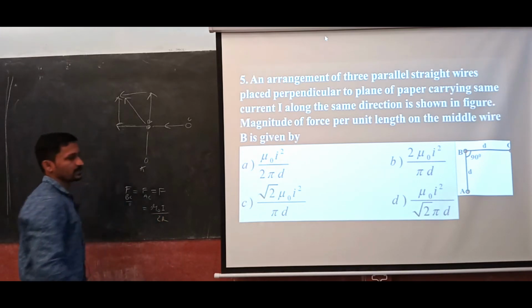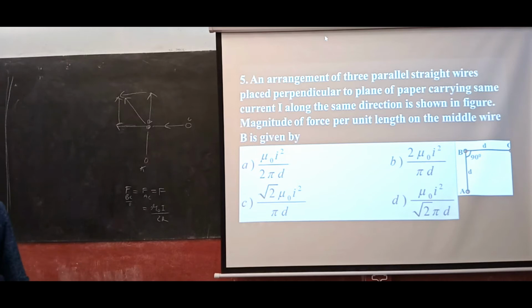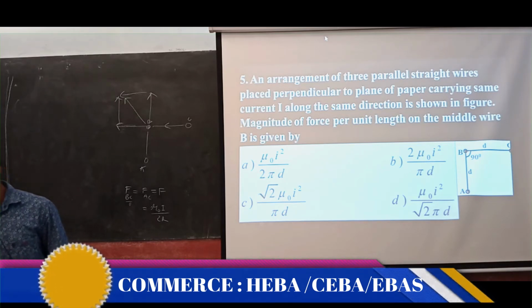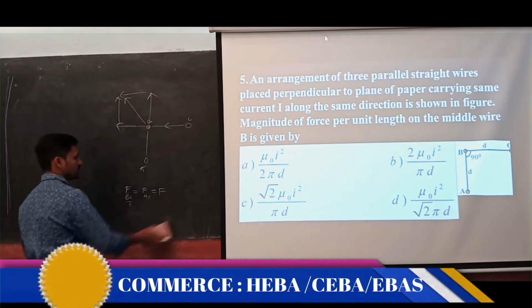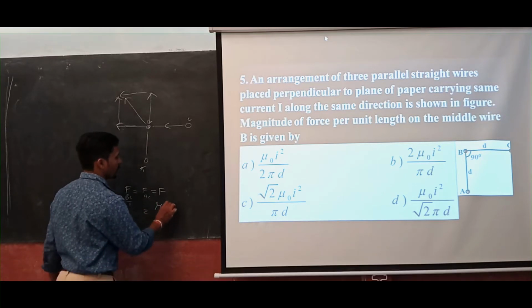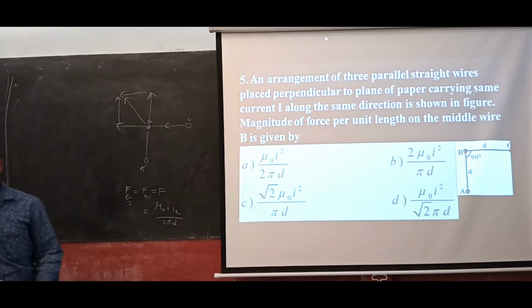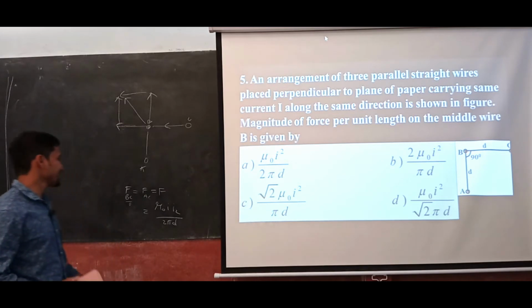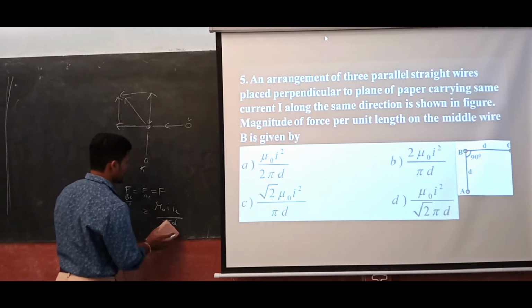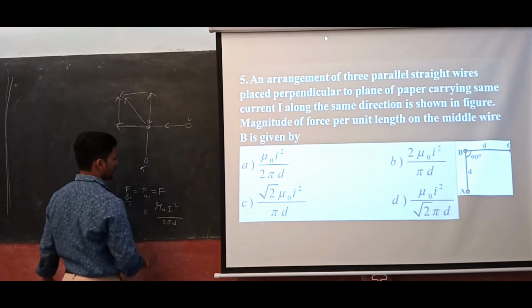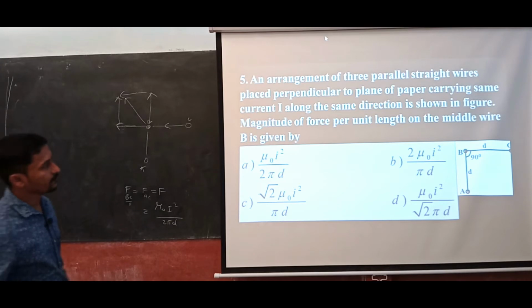So what is that force expression? That is nothing but mu naught I1 I2 divided by 2 pi d, or 2 pi r, whatever, that is the distance d. So here it is distance d. So what is that force? I1 and I2 are the same, so I can write I square divided by 2 pi d. Now how can I calculate the net force?